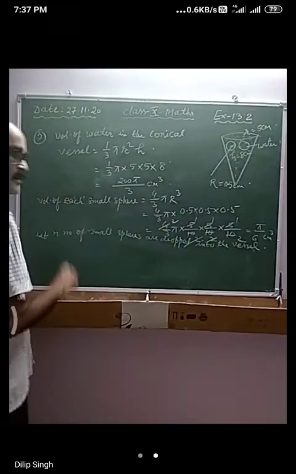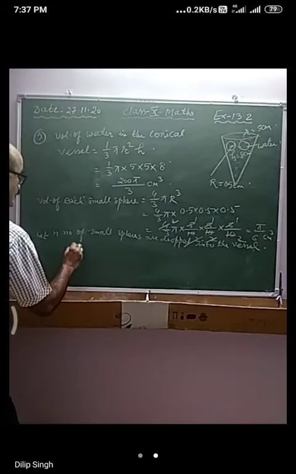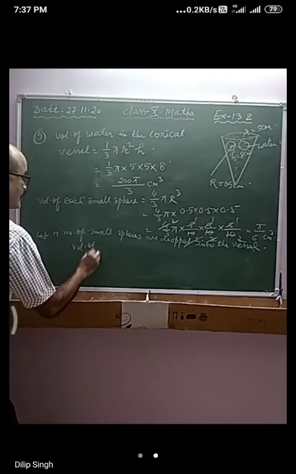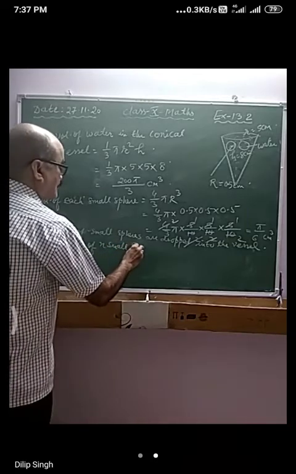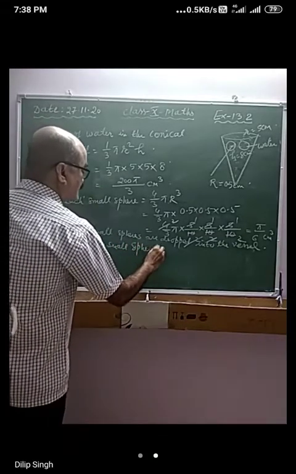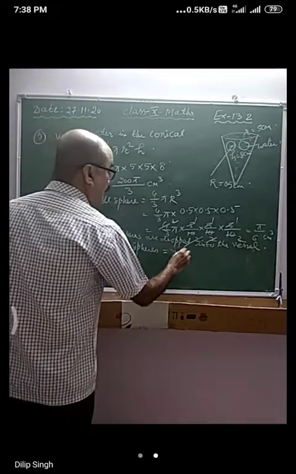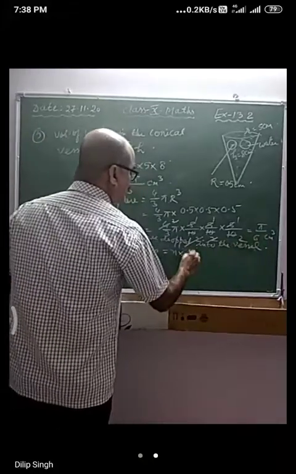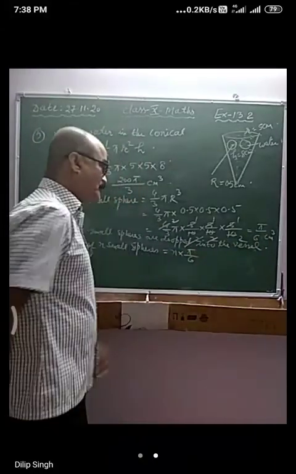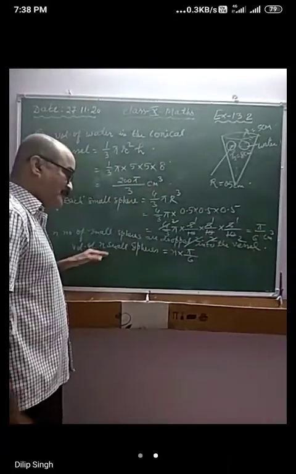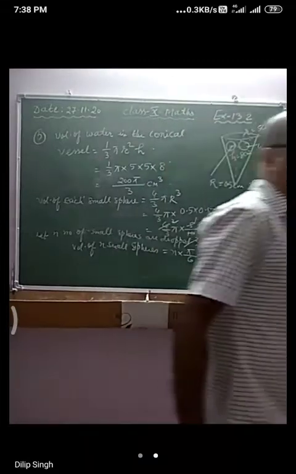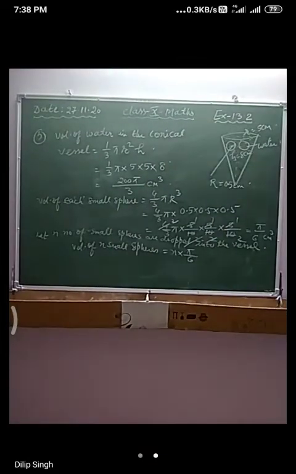Then the volume of n small spheres will be equal to n into pi by 6, because the volume of one small sphere is pi by 6. So therefore the volume of n small spheres will be equal to n into pi by 6. Is that clear?